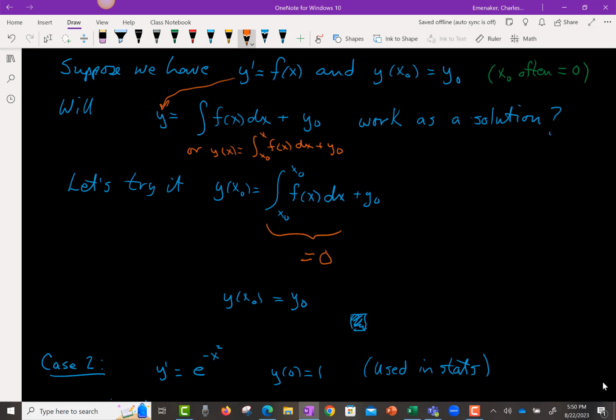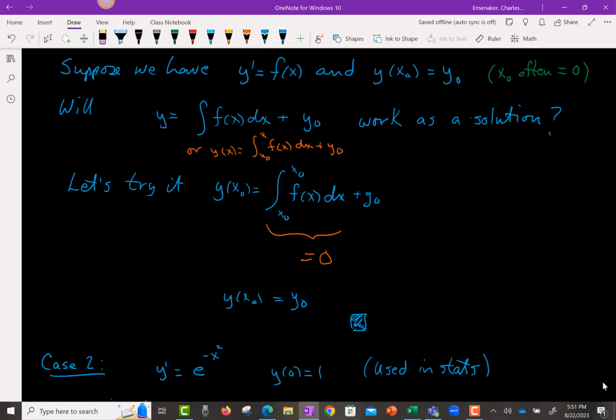Apply the antiderivative to f of x, and we're going to get this integral f of x dx, and normally we would get plus c. Now this can also be written as, if you'll recall, y of x equals the integral from x sub 0 to x of f of x dx plus y sub 0.